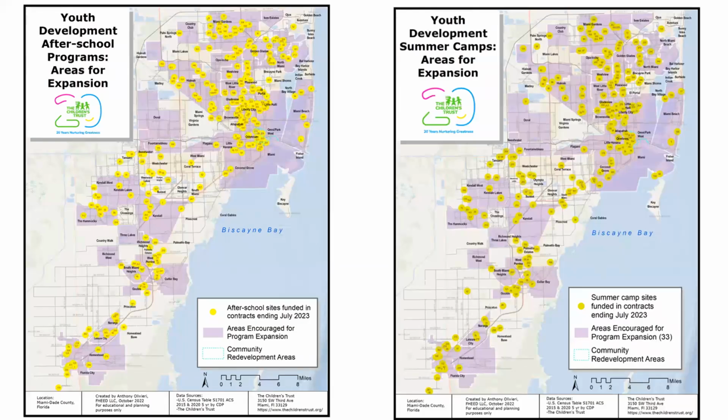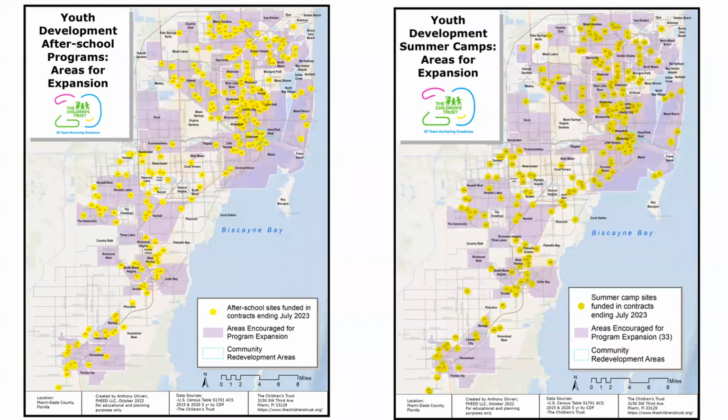Thank you, Tati. So as Tati mentioned, based on the current census data, there are certain geographic areas that have been identified where there is currently a limited number of funded program slots in relation to the number of children and youth living in poverty, or those that experience lower access to economic resources than what is required.